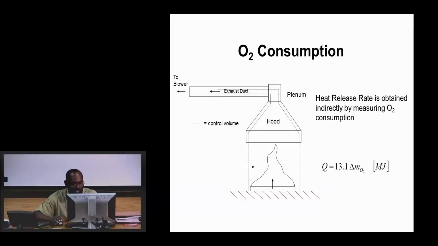And there should be a dot over the Q here, Q dot, which is per unit time. This heat release rate is about 13 times the change in mass flow. This is an m dot of O2. This is an important piece of the puzzle that we're dealing with in these types of problems.